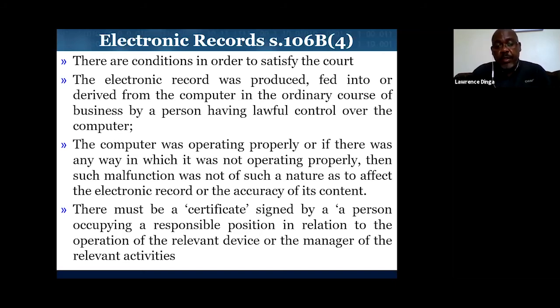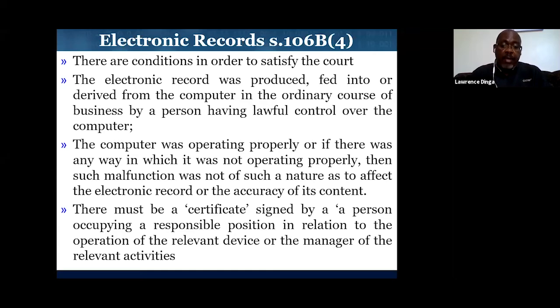What was the condition of the computer when it was running? Was it functioning properly? That must come out of your report. What is the make of this computer, the model, the serial number, all that must come out of your certificate.